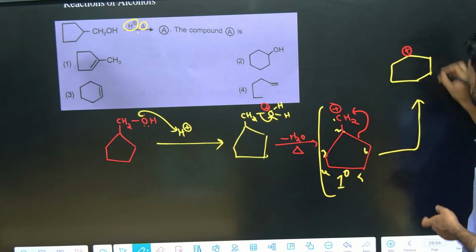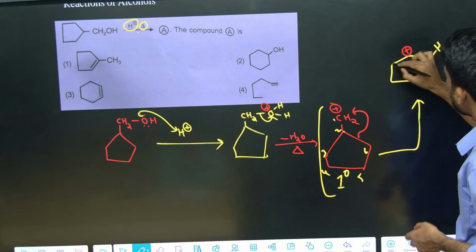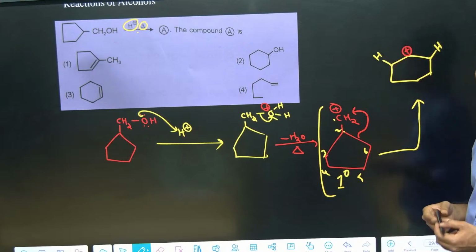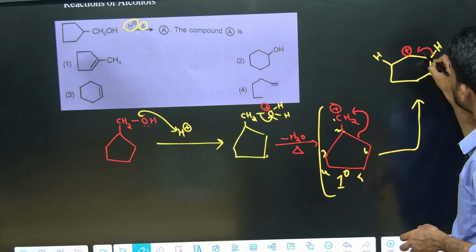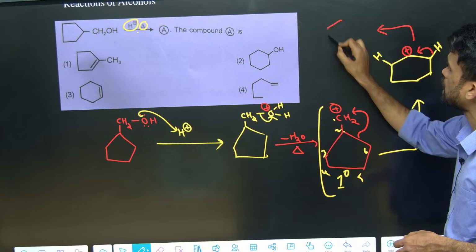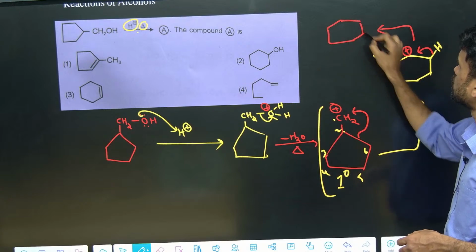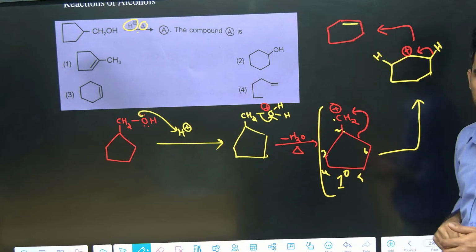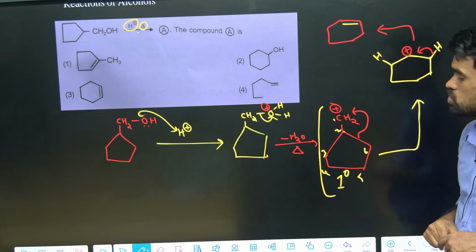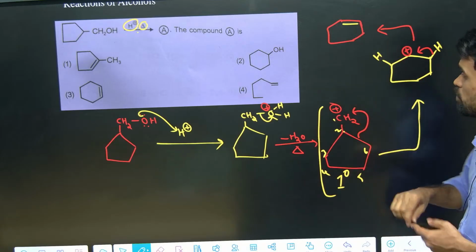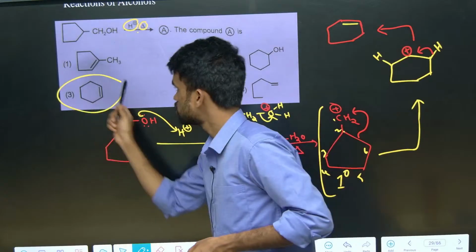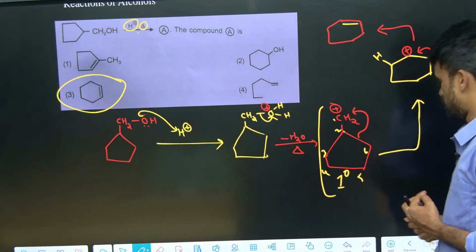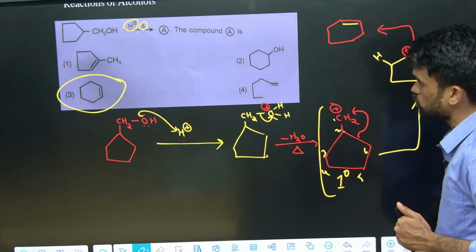Now the alpha position hydrogens are there, so that will get deprotonated to give an alkene. Like this, this is your final product. So this is how you need to write the mechanism. So where do we have that option? 3. Right. In a similar manner, before going to another question, let me give you one more example.